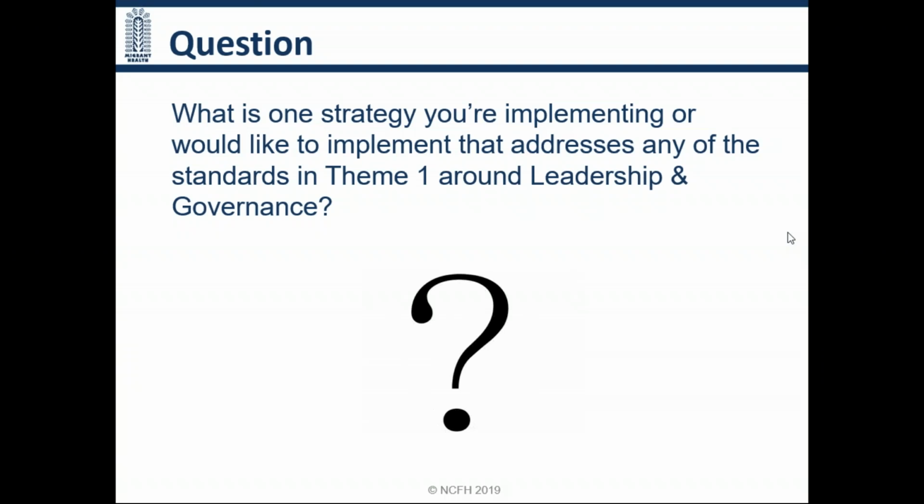Better messaging from the leadership in how all patient populations are being accommodated. So these are things that you're currently doing. If you could just specify if you're doing these, or if it's something that you want to do, be sure to include that in your chat box answer.